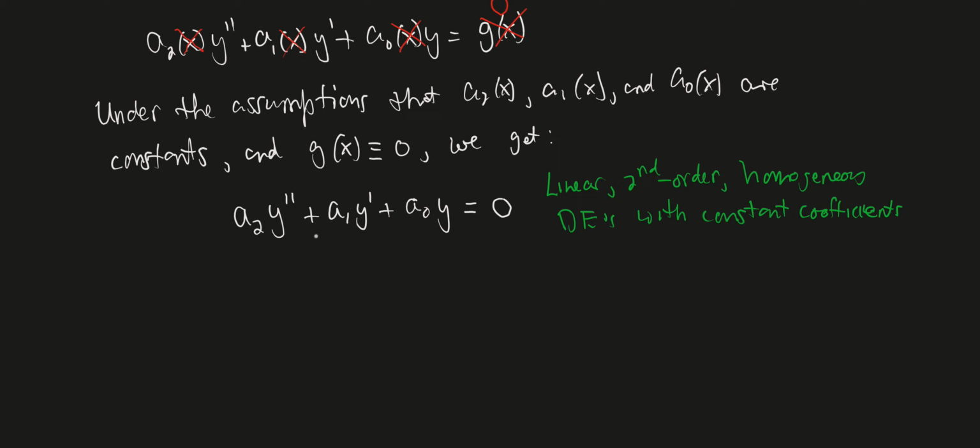So what this basically means is that whatever type of function my original function is, its derivative and its second derivative would have to be of a similar type. Otherwise, I wouldn't be able to add them all together and have them cancel out.